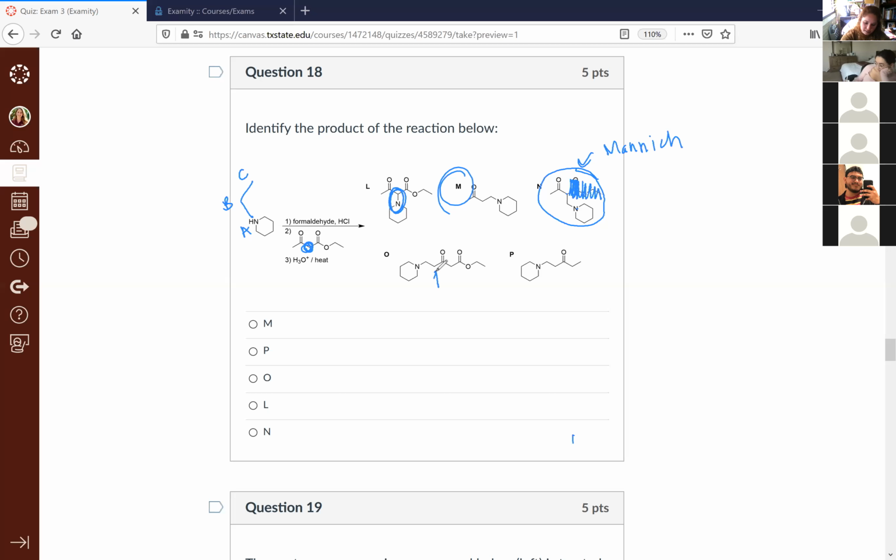It made the enolate on the least acidic alpha carbon here. So that's not going to happen. So those are both out. And then P, I just drew that as an option. It doesn't even make sense. So N would actually form after step 2, but step 3 turns N into M.